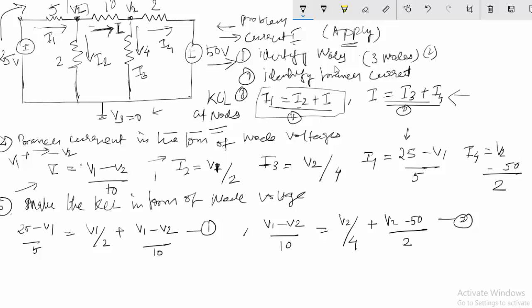I will have to simplify this, which I have already done, and when I'm doing that, what I'm getting is 2v1 equal to 2v1 minus 6v2 minus 100 equal to 0.